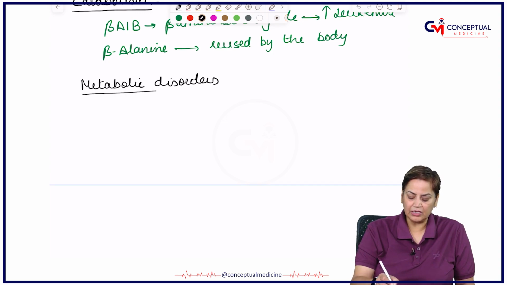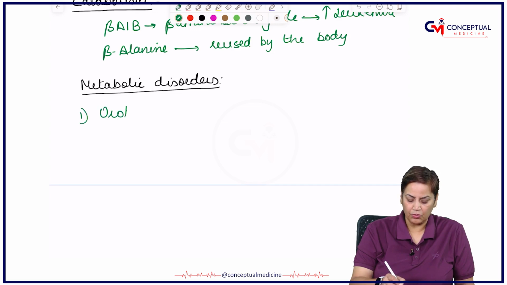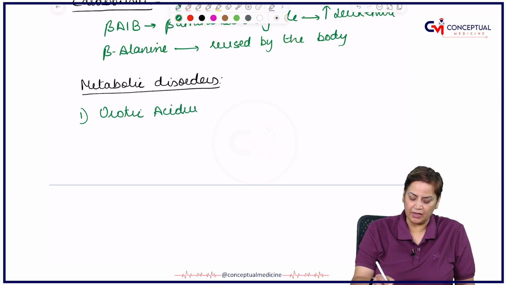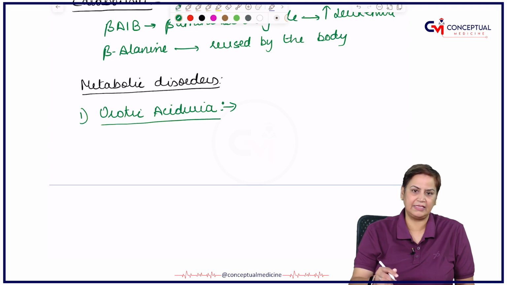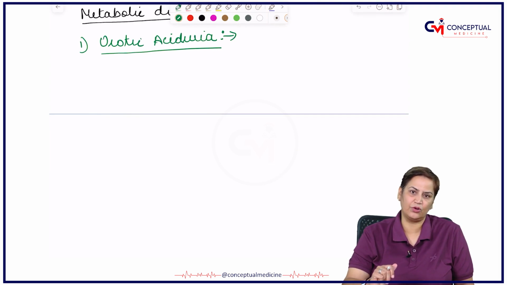Now, the most common metabolic disorder here is orotic aciduria. So basically what happens in orotic aciduria is there is increased concentration and increased excretion of orotic acid.